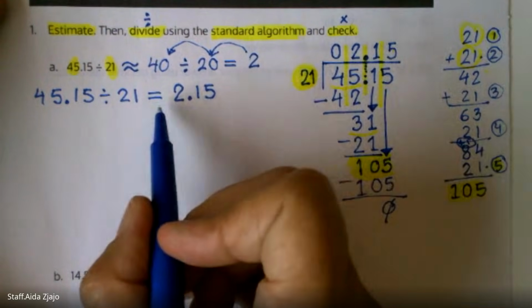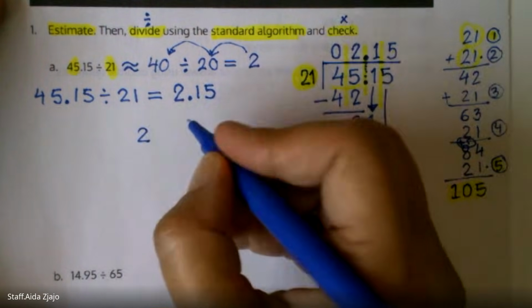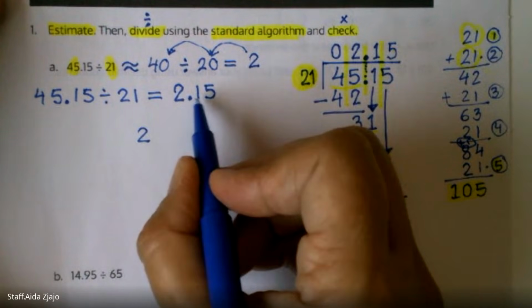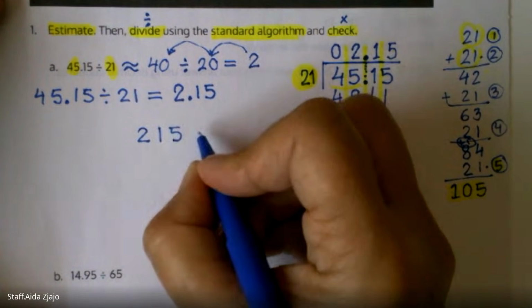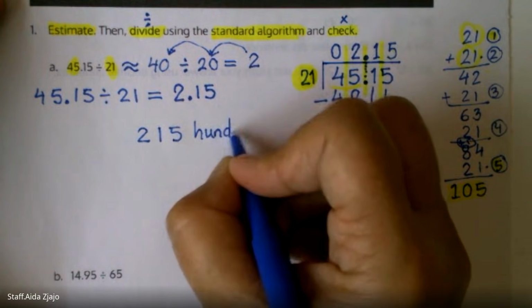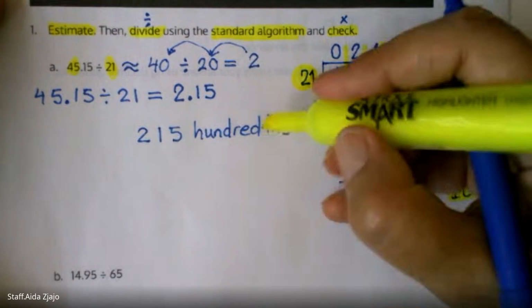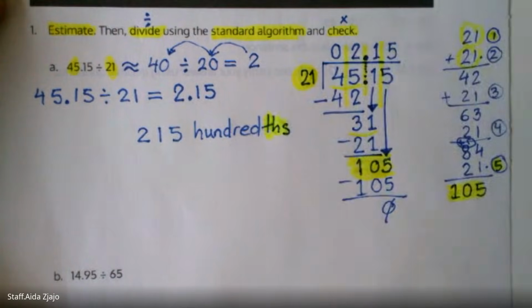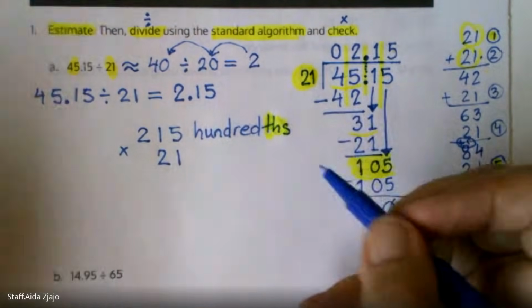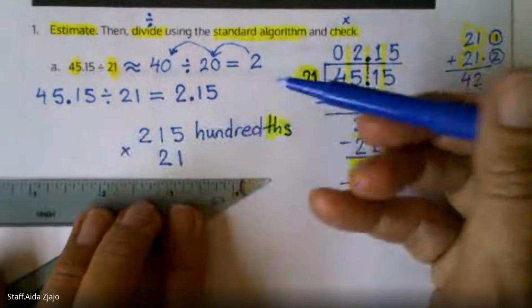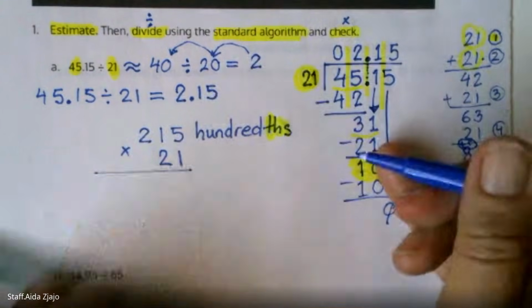I can think of 2 and 15 hundredths as 215 hundredths, times 21 must equal 45 and 15 hundredths. Okay, so let's check.